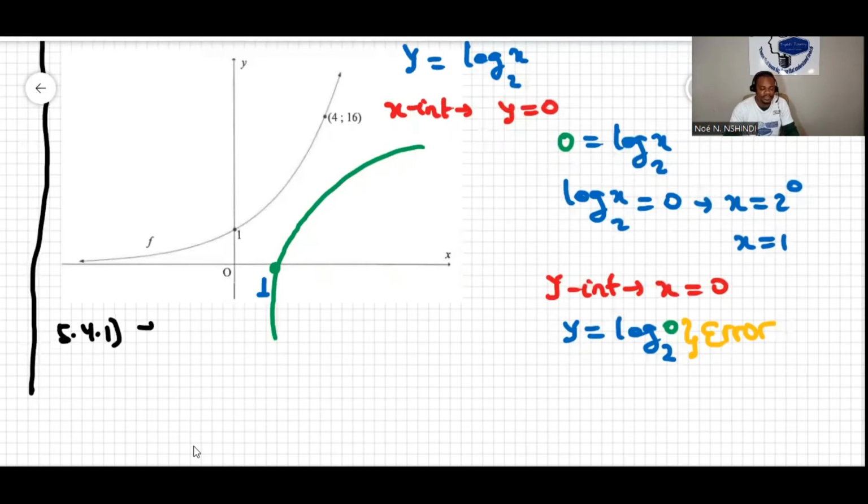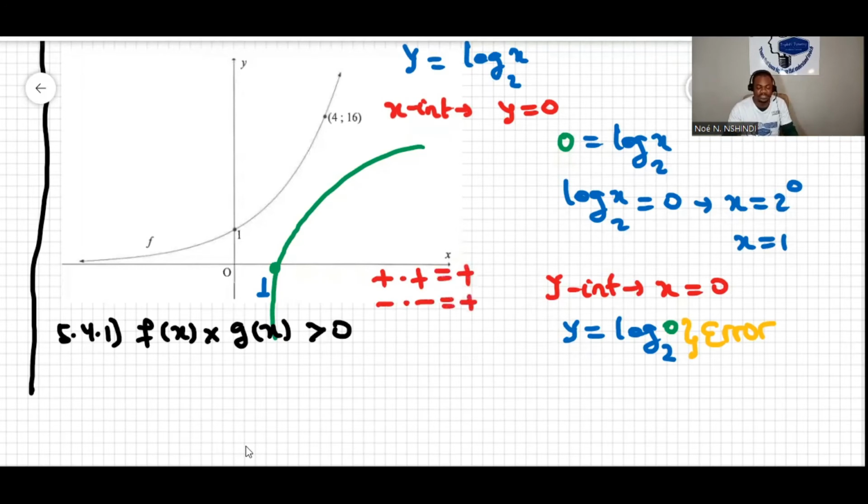We need to prove that f of x times g of x is positive. How can we? I need to state some conditions here. This product can be positive only if they have the same signs, either both positive or both negative. If the sign alternates, then it's not positive, because positive times positive makes positive, and negative times negative makes positive as well.